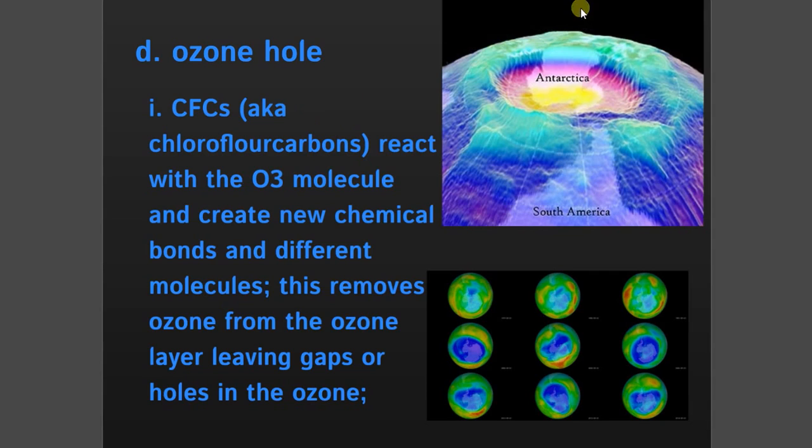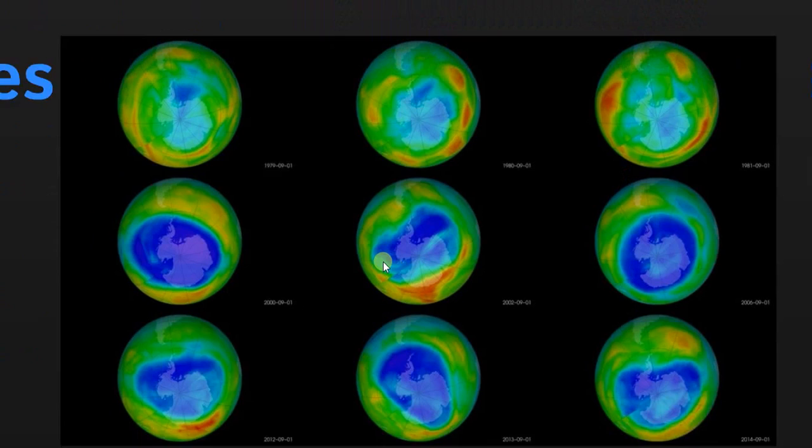So we have no protection from that UV radiation. Antarctica and the animals living in that area are getting hit with the full force of UV radiation, and it's bad for us on the planet entirely, because that UV radiation is getting in and causing higher cancer rates around the world.